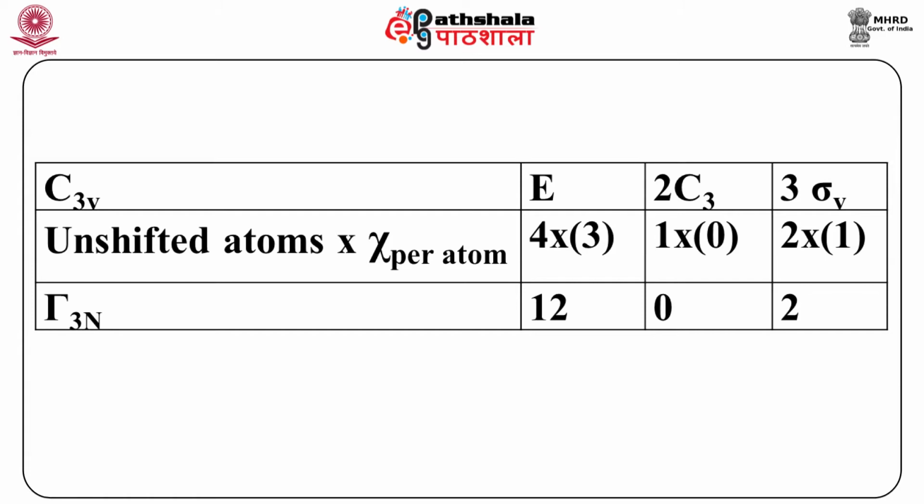Now I multiply these unshifted atoms by the character which we have obtained by taking 3n vectors as the basis. So 4 into 3 is 12, 1 into 0 is 0, 2 into 1 is 2. So Γ3n is 12, 0, 2.